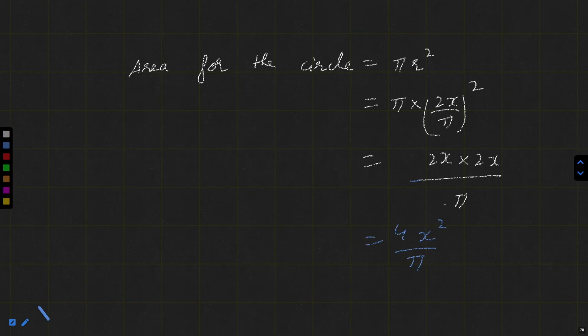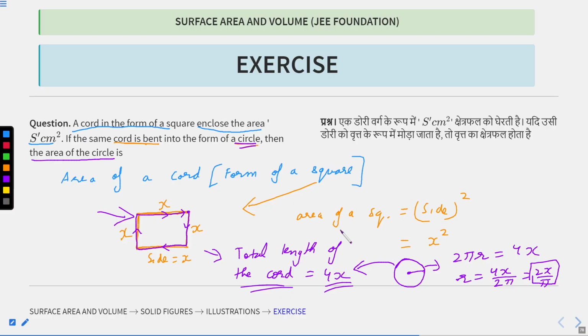I know that the area of a square is x square, and s was my area of the square as given here. So s is equal to x square.